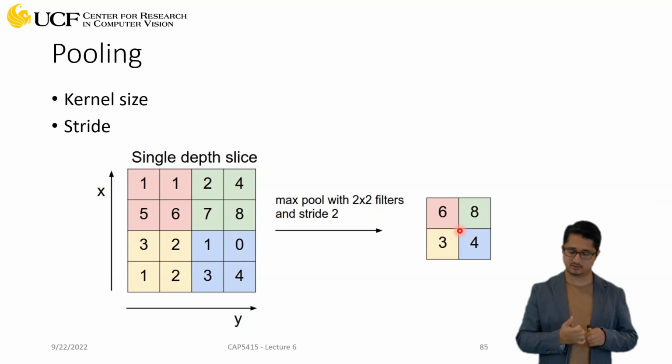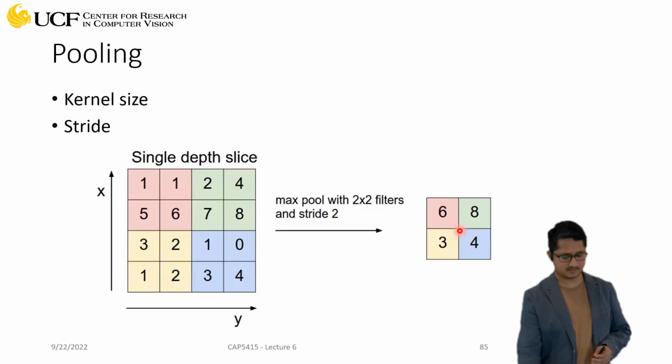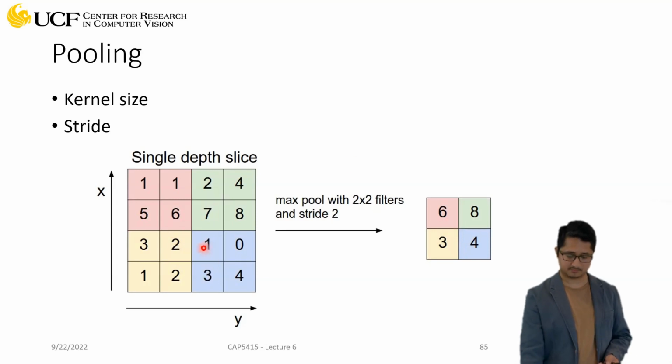Is it clear now? Sorry, is it because we're getting new feature maps, but we're just downsampling them instead of getting completely new feature maps? It's like a new set of feature maps, but it's based on your input feature map.